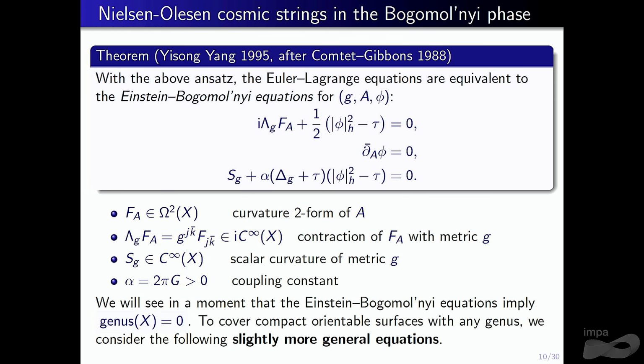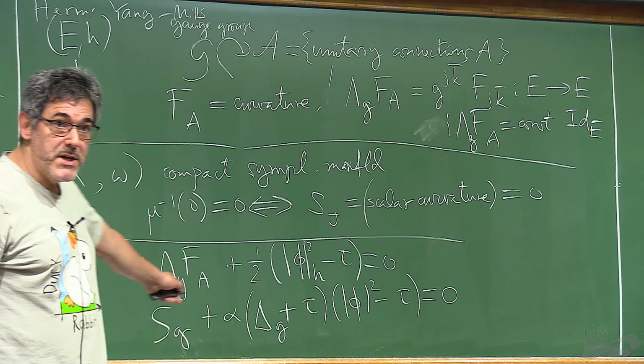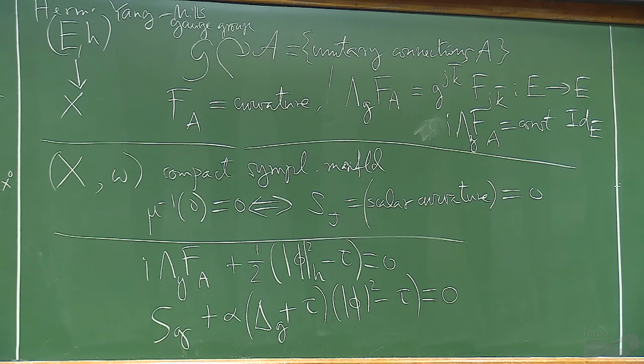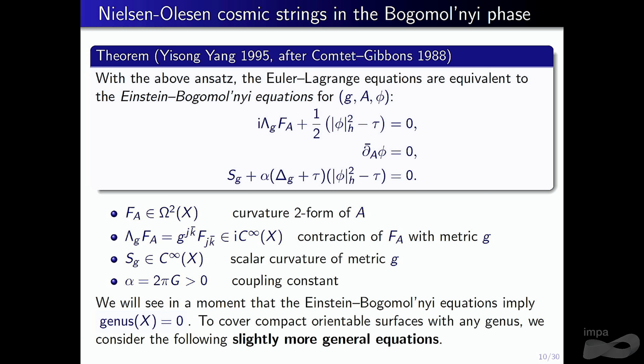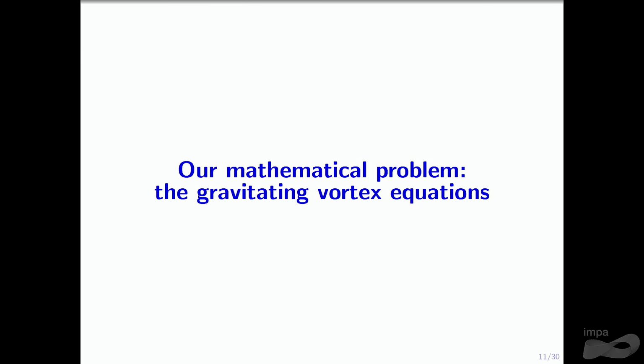And we will see in a minute that they impose the condition that the genus is 0. So I want to cover other cases, so I will modify these equations a little bit. That gives us the problem I really want to study. The equations are a bit different.